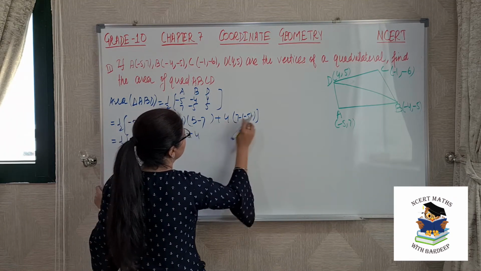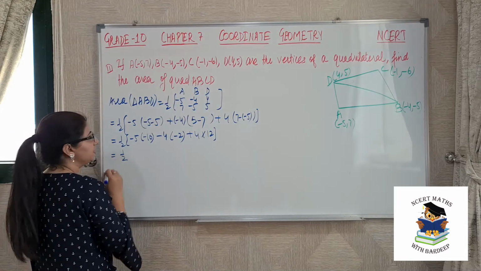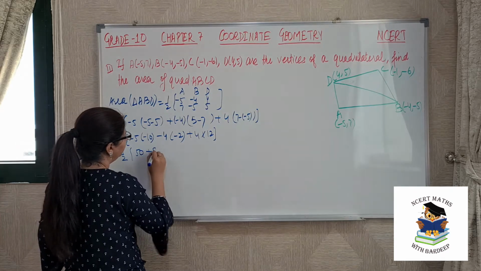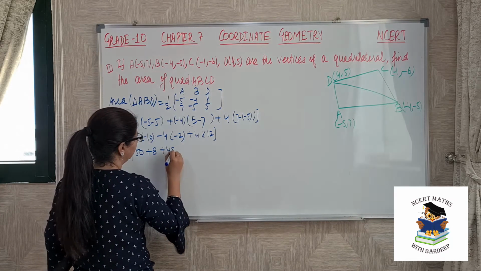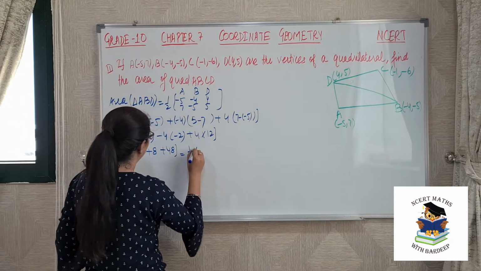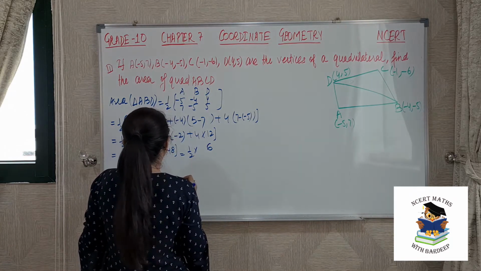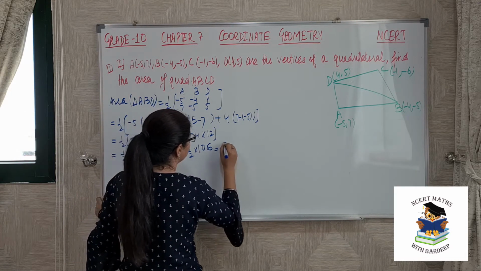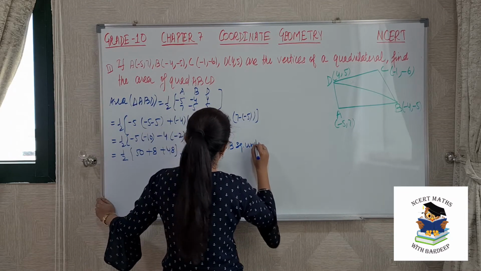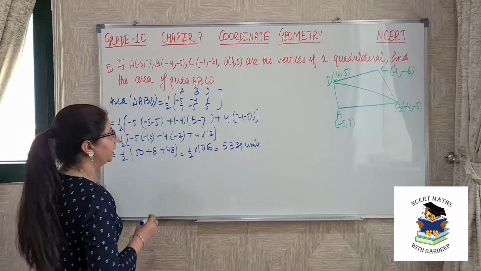Plus 4 times 7 plus 5 is 12. So this is half of 5 into 10, 50. 4 into 2, 8, and then 48. Okay, so this is half of 58 plus 48. So 8 plus 8 is 16. 5 plus 4, 9, 1, 10. So this is 53 square units. Okay. Similarly, we will find area of triangle BCD.